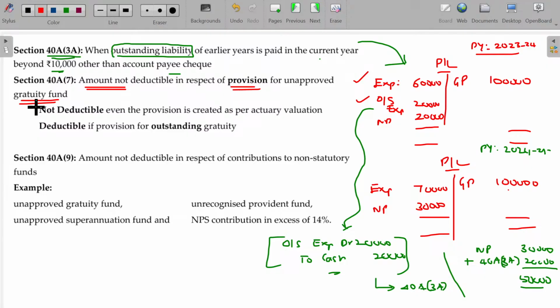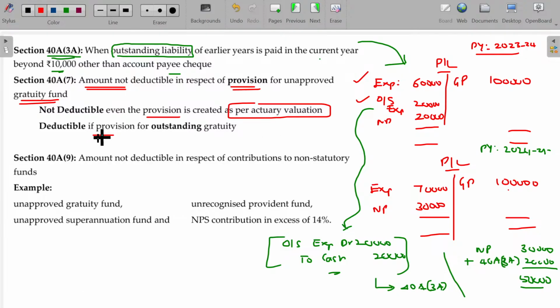In those cases, only in case of approved can be debited in the P&L account subject to section 43B payment basis. But under section 40A class 7 says, if you are making any provision for the unapproved gratuity, then not deductible. That is not deductible. Even the provision is created as per the actuary valuation, not deductible.